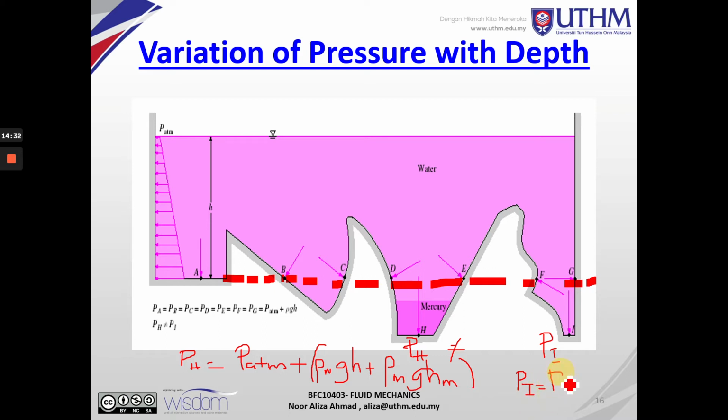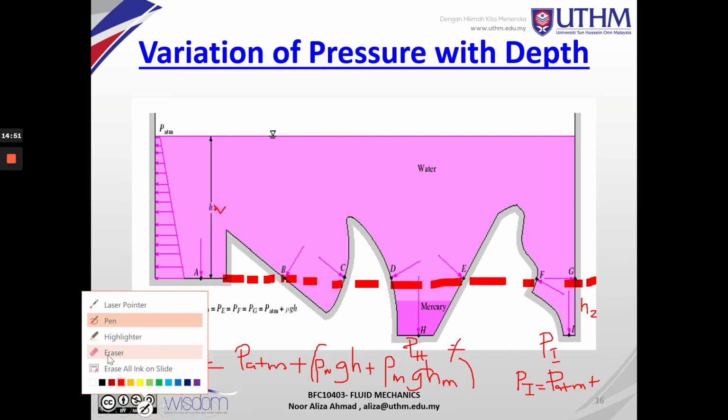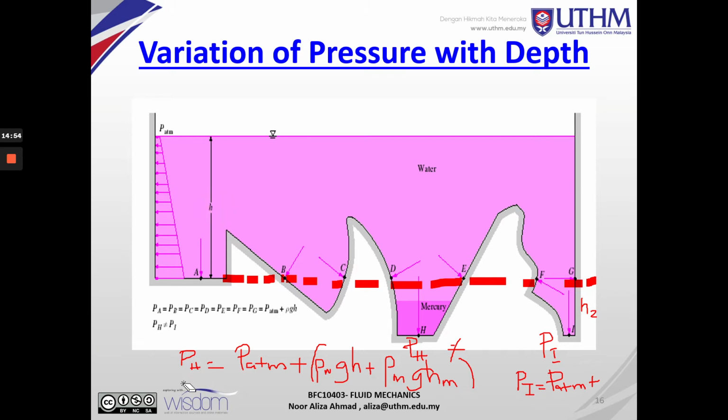For PI, we have P atm plus, we call this h2, this is hW, this is hM.